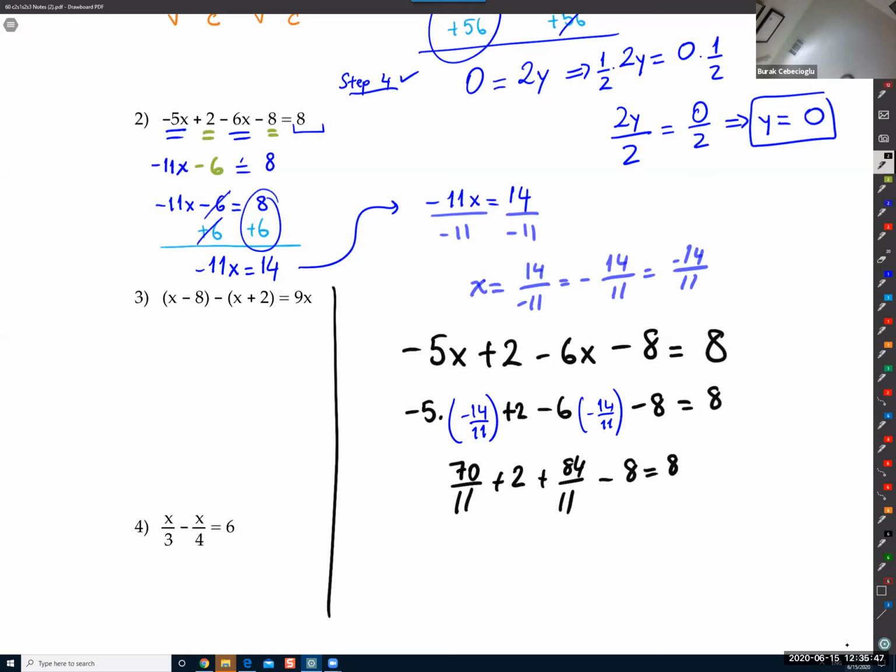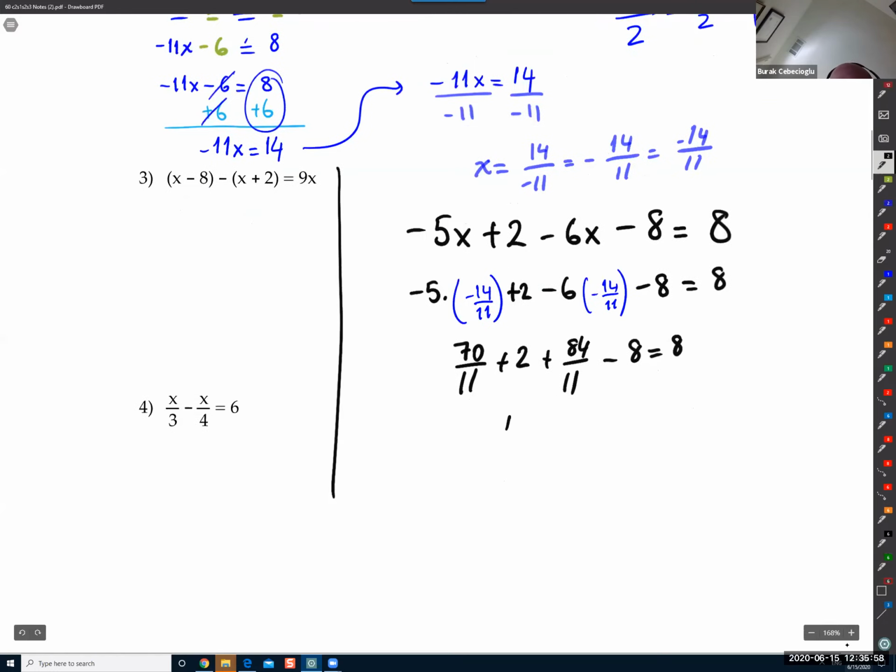Don't be late, eh? Oh, you still have 1.5 hours. So 70 plus 84. What's that? 154 plus 2 minus 8. You know, when you add fractions with the same denominator, Rafael, all you have to do is just add the numerators, remember?